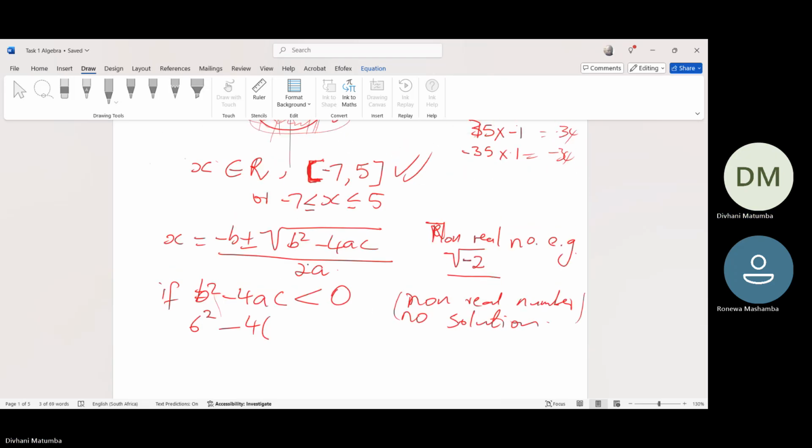Now, the value of a is 1 and the value of c is k. You agree? Yes. And it must be greater than 0.